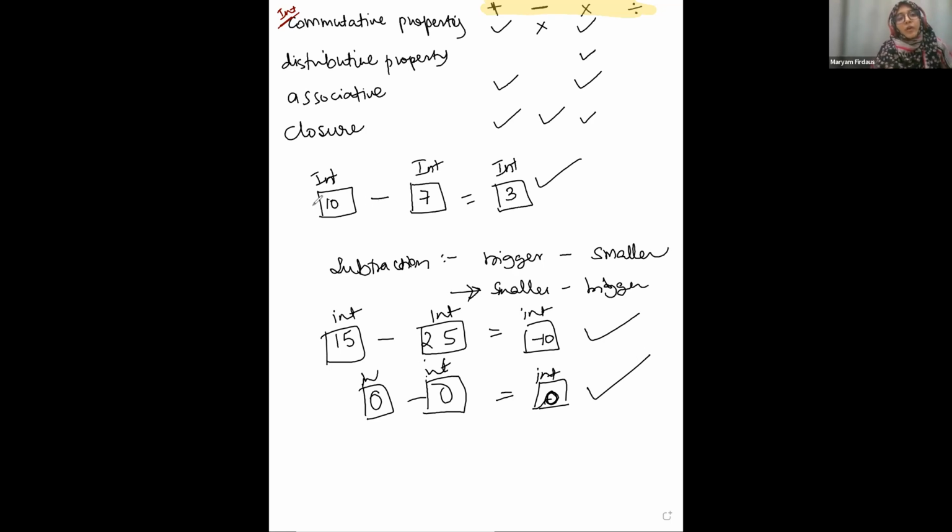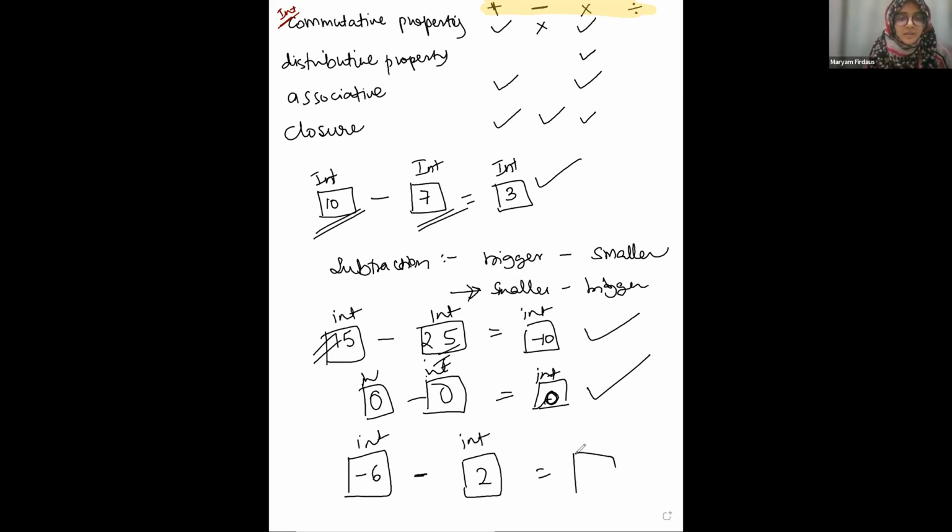So here again, we have closure property following. Over here we took positive integers. Let's try taking some negative integers. How about -6? And then we're subtracting them. -6 is an integer. And let's take a positive integer, say 2. So -6 minus 2, what does that give us?